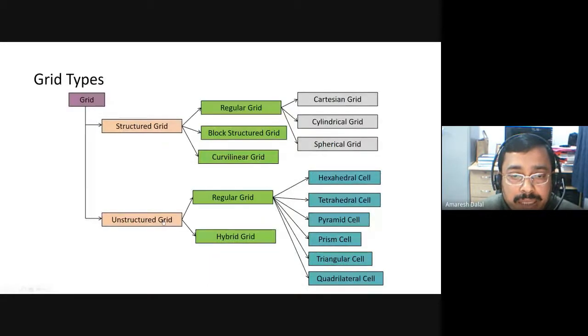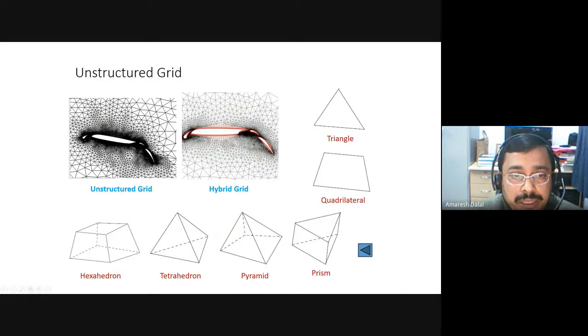And in unstructured grid, we can have a regular grid or hybrid grid. So you can see this is an unstructured grid, a triangular mesh. And in hybrid grid, there will be more than one type of cell. If it is 2 dimensions, then we can have a quadrilateral mesh or triangle mesh. Near the boundary, obviously a boundary layer forms.